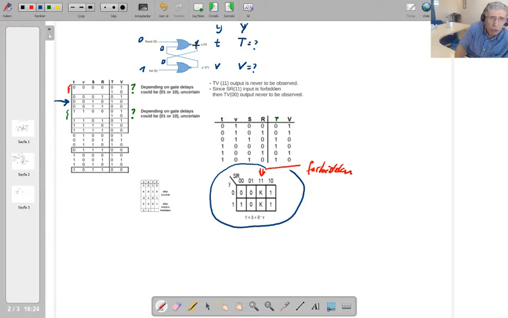This becomes 1. Whatever this value is, because of that 1, that's going to be 0, isn't it? So this is independent of the delay, whether this delay is less or that delay is less, you always observe 1, 0. Because whether this value is 0 or 1 does not affect this output because of this 1.